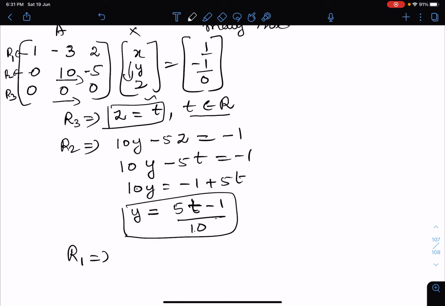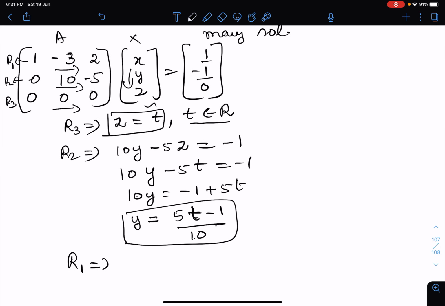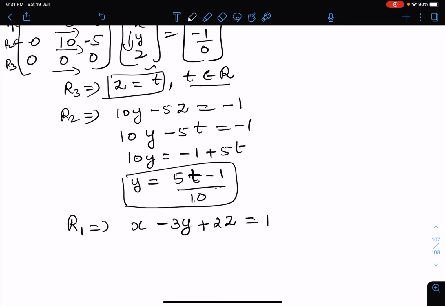Now taking our row 1, multiplying this with our column x, y, z, you get it as 1 into x minus 3 into y, minus 3y and plus 2z equal to, this side our constant is going to be 1. Now substitute for y, x minus 3 into (5t minus 1) by 10 plus 2z equal to 1.